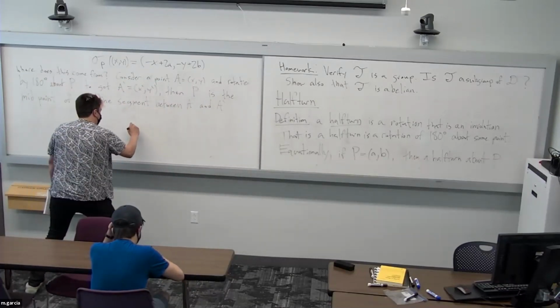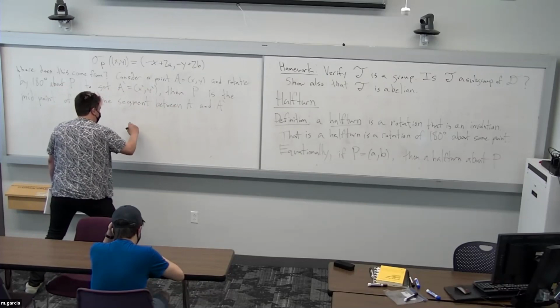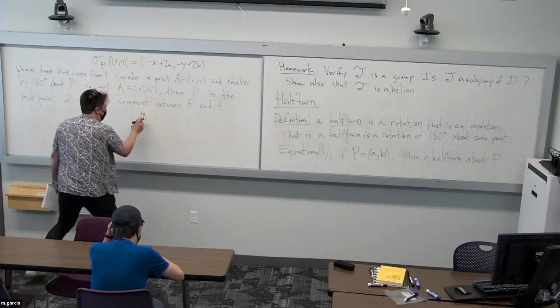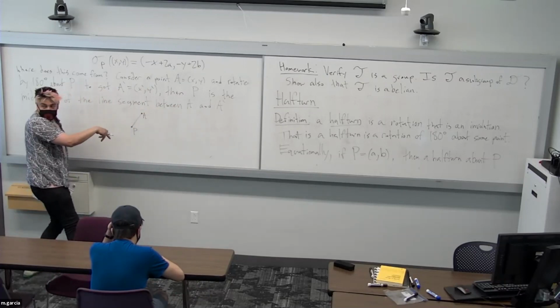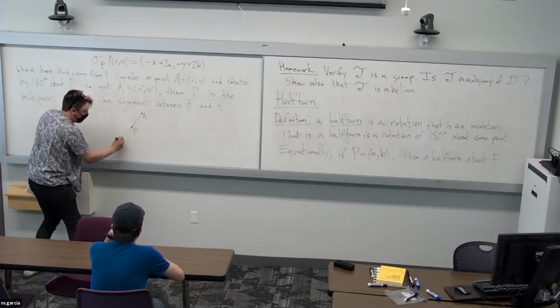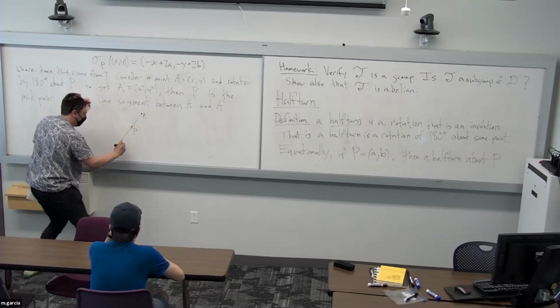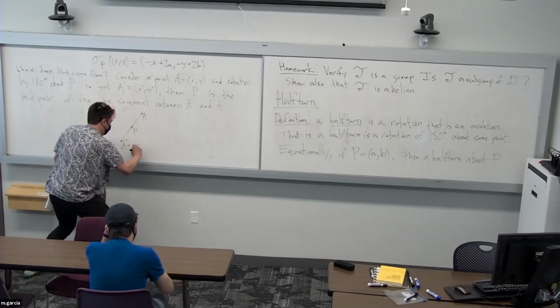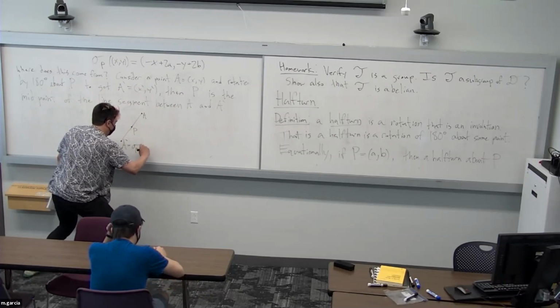So, in other words, P, and then I have some point A. If I rotate this 180 degrees around P, I get this point A prime, which is equal to sigma sub P of A. Okay.